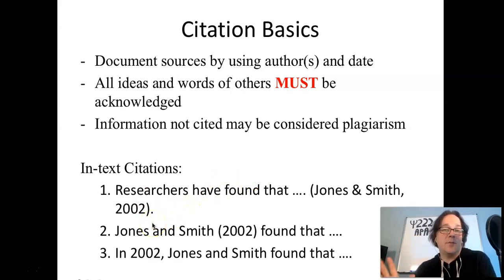The second way that we can do an in-text citation is say Jones and Smith, and then put the year in parentheses, found that... Or I could say in 2002 Jones and Smith found... So these are the three typical ways that we give credit to people when we're talking about their research.